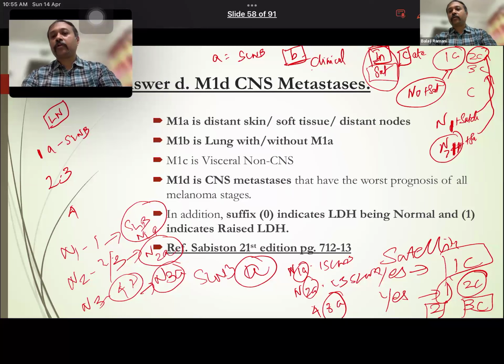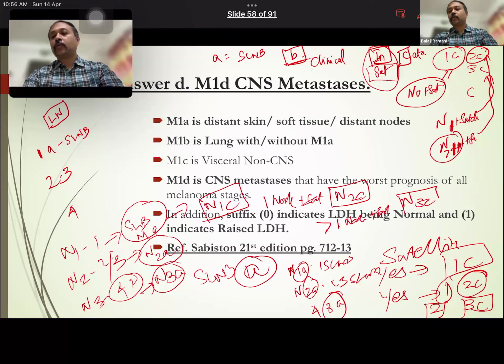Then you have your SLNB along with only satellite lesions, that will become your N1C. If it is one node, either SLNB or clinical, plus a satellite, then it becomes N2C. Greater than one node plus satellite becomes N3C. So what is left? You have your 1B, 2B, and 3B.